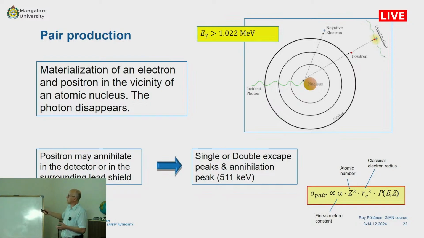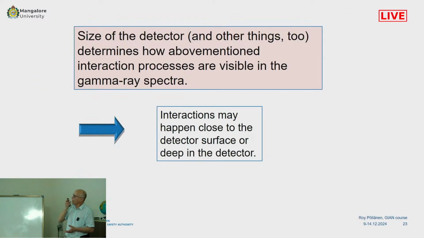So this is antimatter, this one. It may cause single or double so-called escape peaks and an annihilation peak, which is 511 kiloelectronvolts. All right, let's go on.